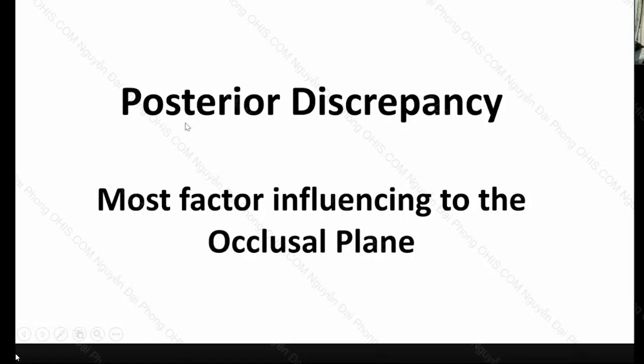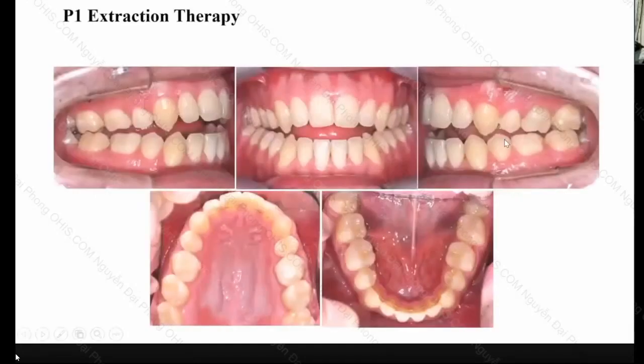So, once again, I would like to show this once-orthodontically treated case, with again an open anterior bite, even with premolar extraction and treatment, but the anterior bite is opening.